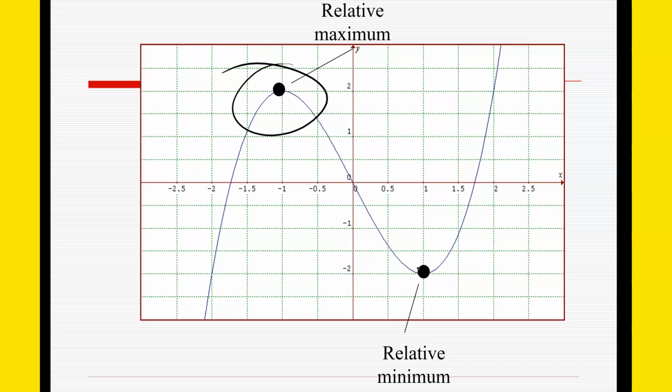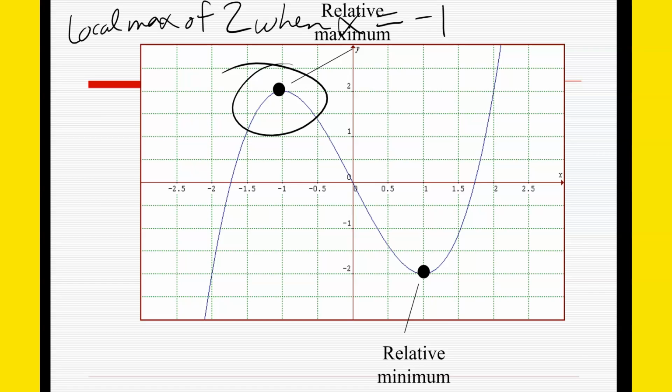Okay? Now, to be more thorough with your answer, you could say this. You could say we have a local maximum of 2 when x equals -1.